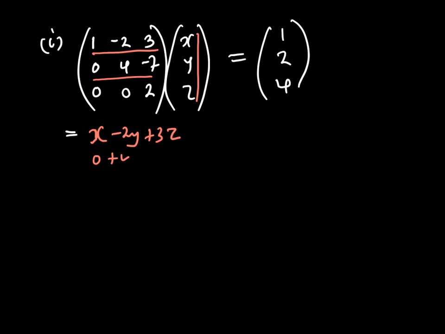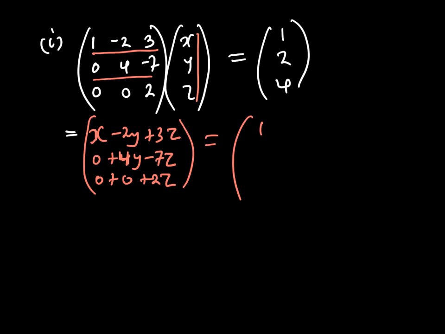Okay. Plus 4y minus 7z. Then the last one is 0 plus 0, then plus 2z. Okay. Is equal to 1, 2, and 4.